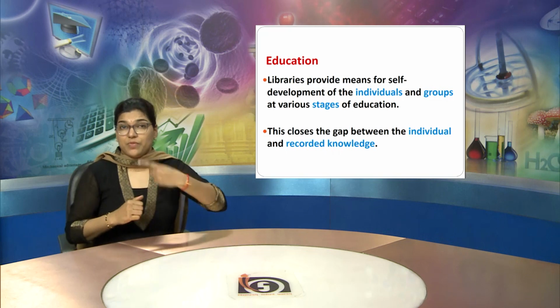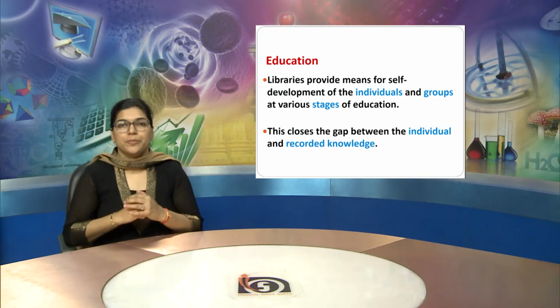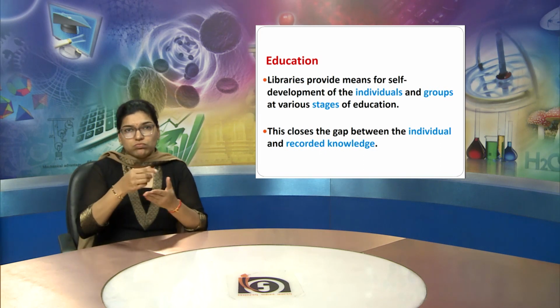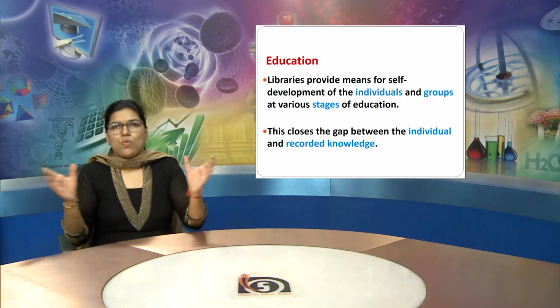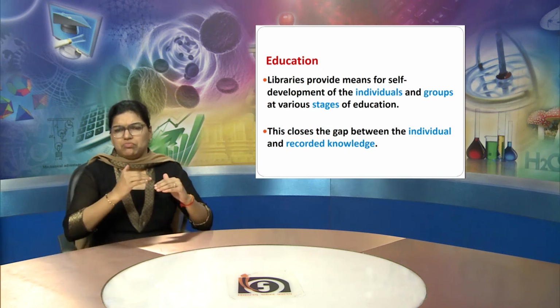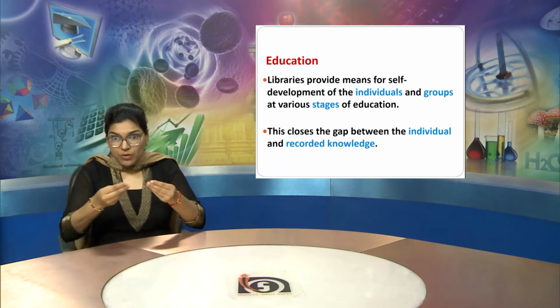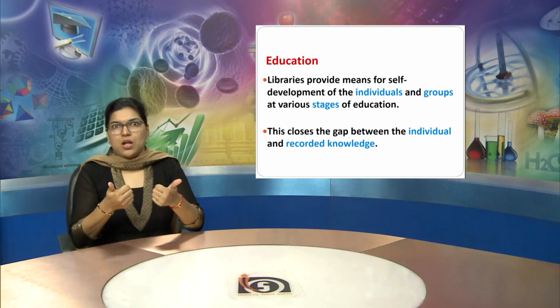This is the first function of library. Its name is education. Let us now understand it in detail. We all know that libraries provide means for self-development of the individual and groups at various stages of education.